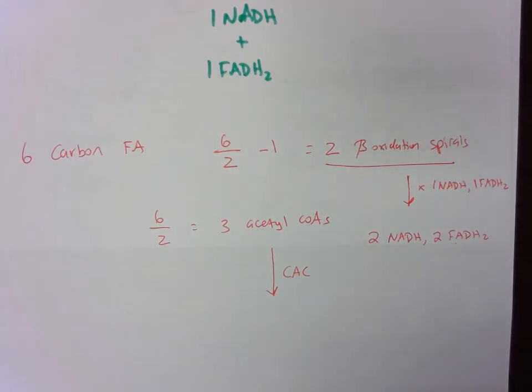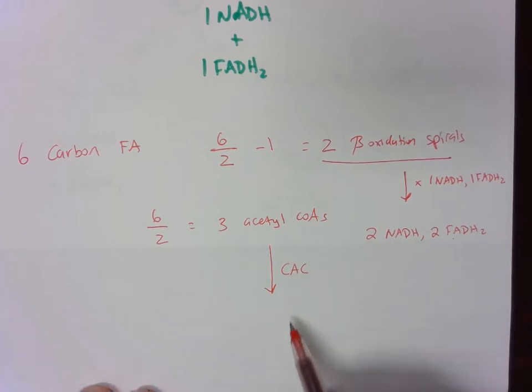If you watched my other video on glycolysis and the citric acid cycle, basically these acetyl-CoAs would come in right where the acetyl-CoAs come in from glucose. But of course this is not from glucose, it's from fatty acids, but they filter in the same pathway as they would if it was from glucose, because it's the same molecule, acetyl-CoA. So it's going to come in at the citric acid cycle.